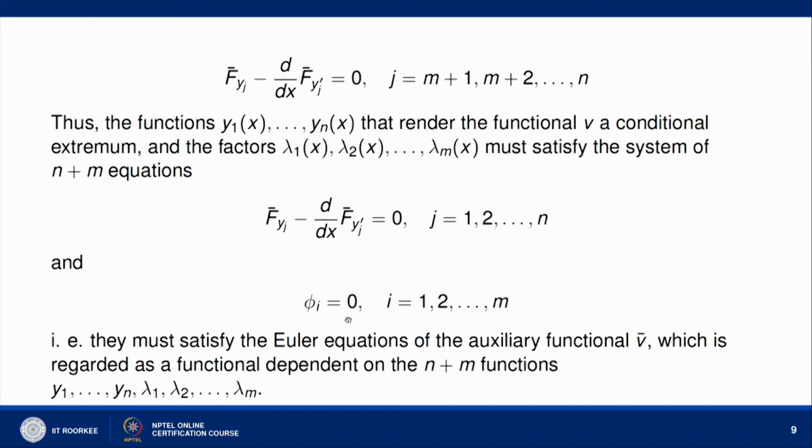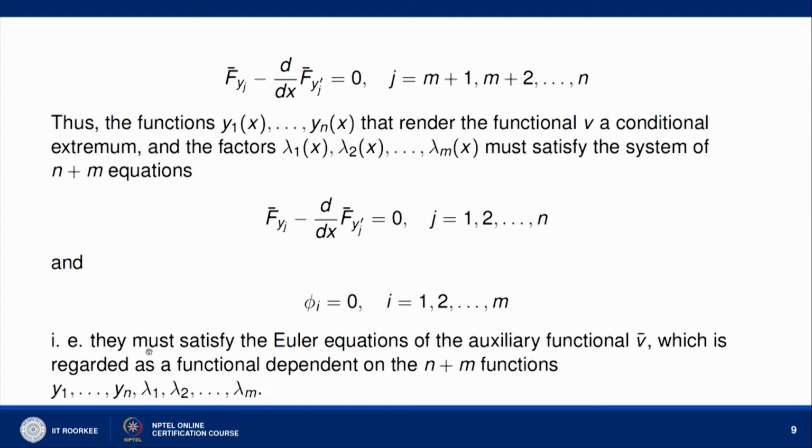Now these are n plus m equations, which is sufficient to provide the solution y1 to yn and lambda 1 to lambda m. So it means that the functions y1(x) to yn(x) that render the functional V a conditional extremum, and the factors lambda 1(x) to lambda m(x), must satisfy the system of n plus m equations, which is given by this and this.